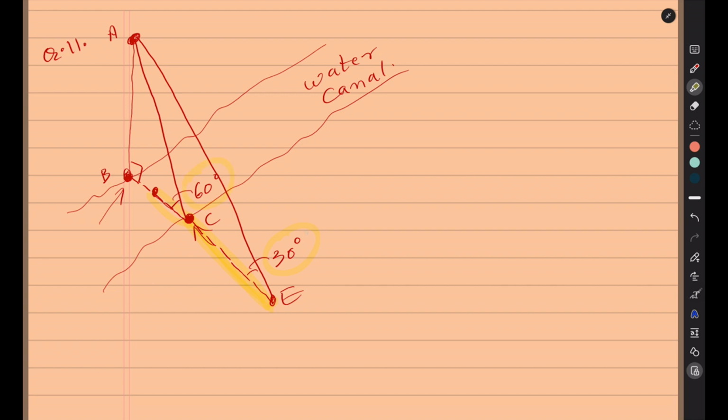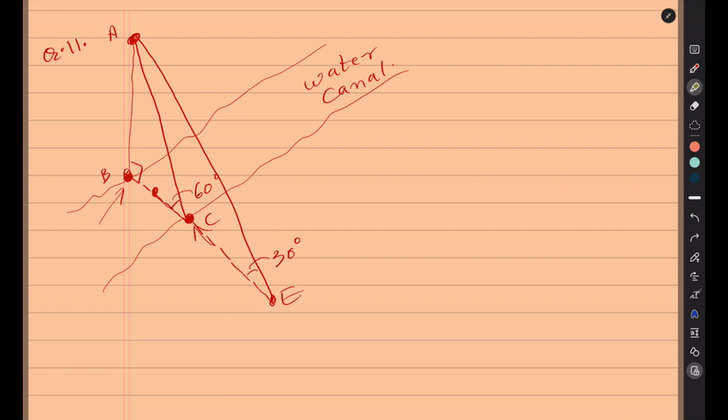Here it is 60, and only when it goes further away will it decrease. So it is very clear that point E is on the same side of the canal on which point C is. Let us go forward.